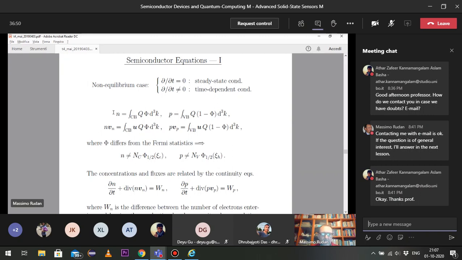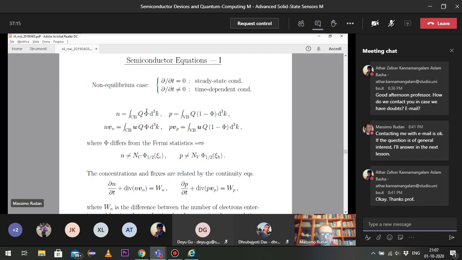So you remember the definitions. When you take the integrals over the K space, small n is the integral over the conduction band of Q phi. Phi is the general or generic occupation probability.